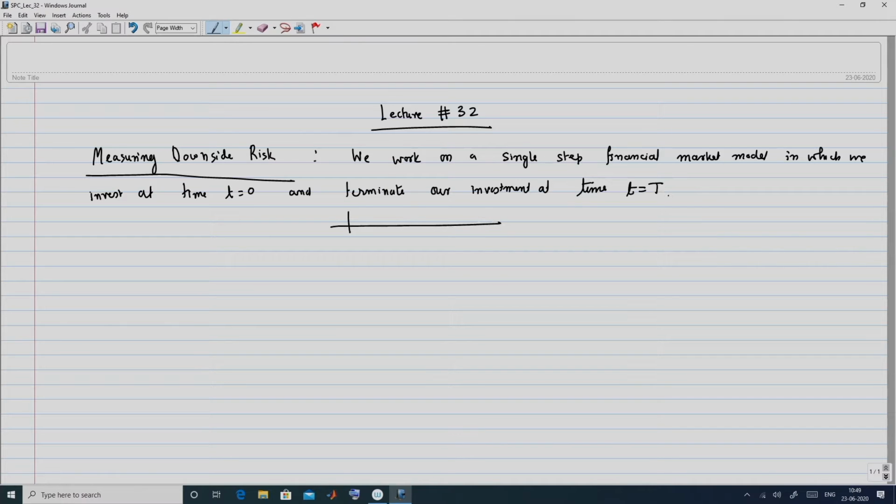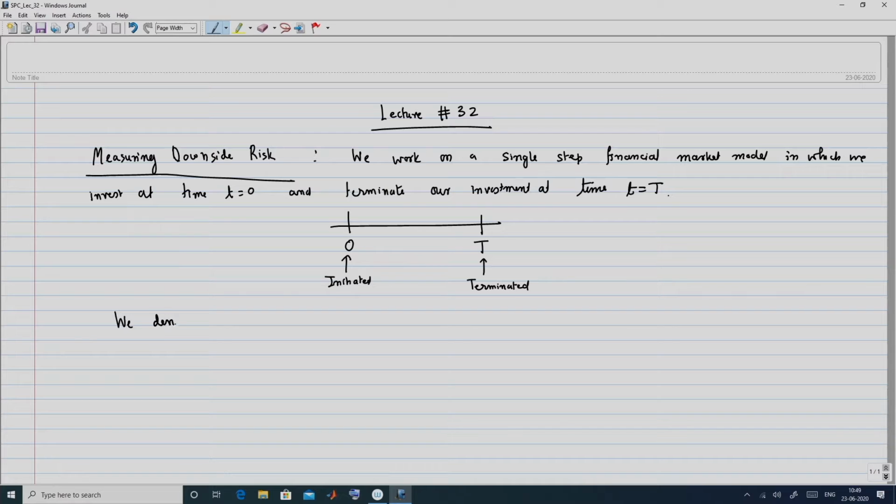So, that means that the investment horizon is going to be some time t equal to 0 when the investment is initiated, and at time t equal to capital T when the investment is terminated.